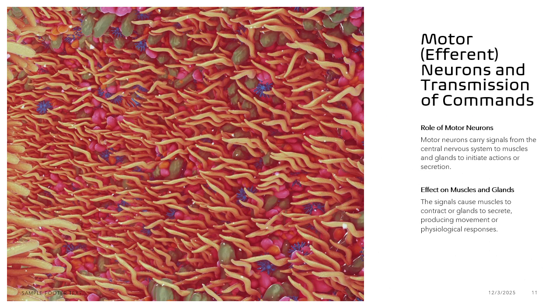Our motor or efferent, I always remember efferent exiting, afferents arriving, so these are exiting the brain. The other ones were arriving to the brain. So motor or efferent neurons transmit signals from the central nervous system to muscles or glands, eliciting responses such as movement or secretion. So this is all about getting those signals out to make something happen.